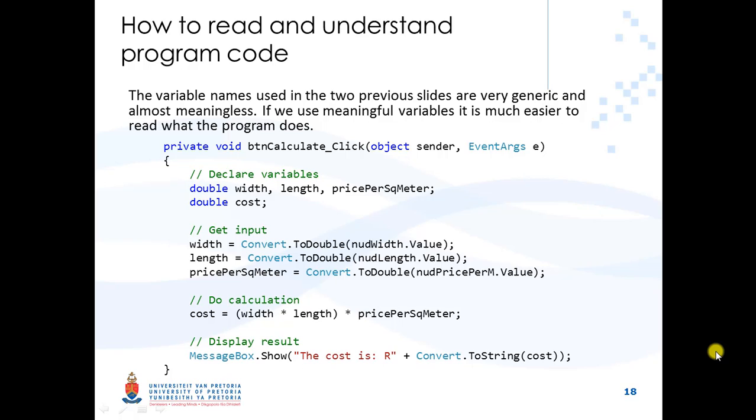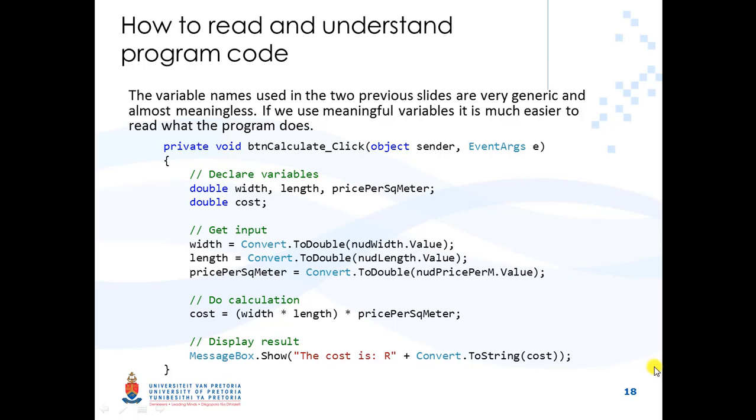The variable names that we used in the program before were very generic, like input 1, input 2, so not really meaningful. By changing those variables to meaningful names, we can make the purpose of the program very clear. So here we've done exactly that.